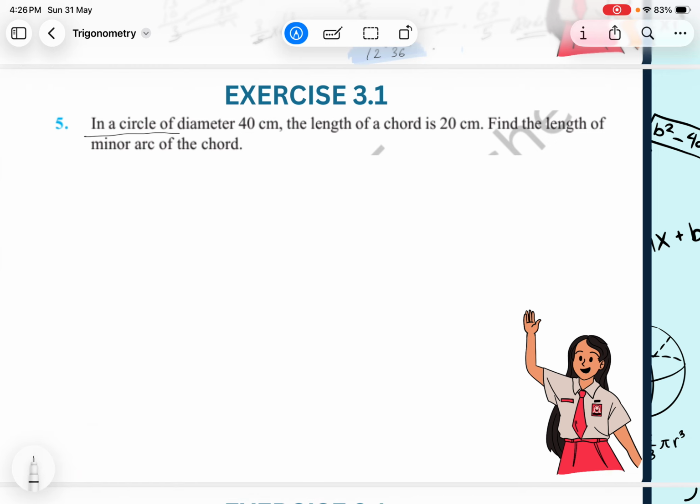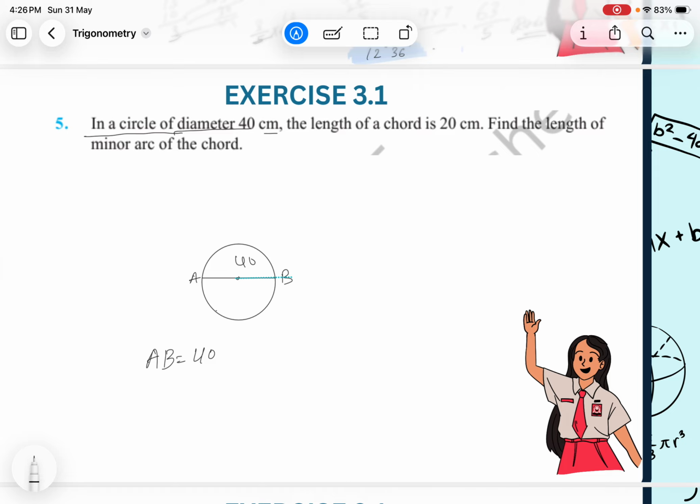says, in a circle of diameter 40 centimeter, okay, in a circle, we have a circle, and the diameter means a line that is connecting two points A and B through the center, right, that is 40. So here AB equal to 40, that is a diameter. The length of a chord is 20 centimeters.